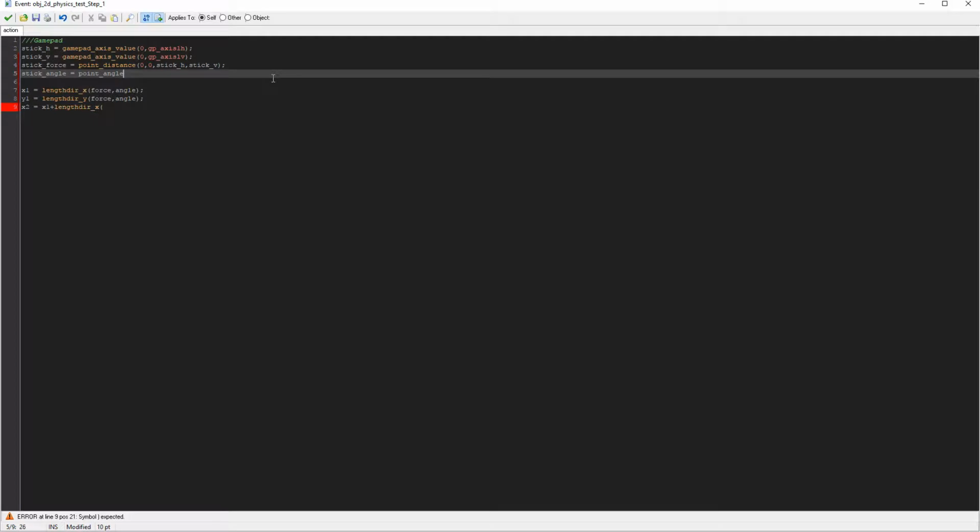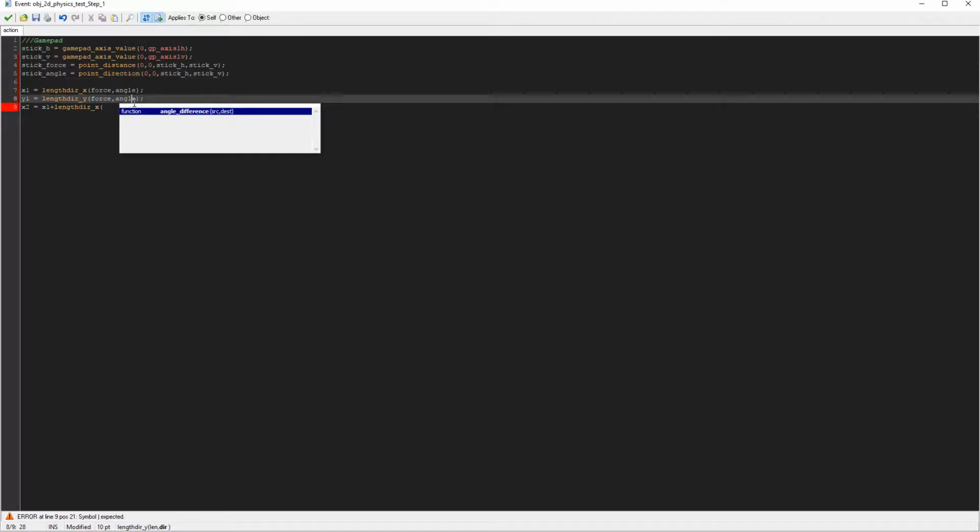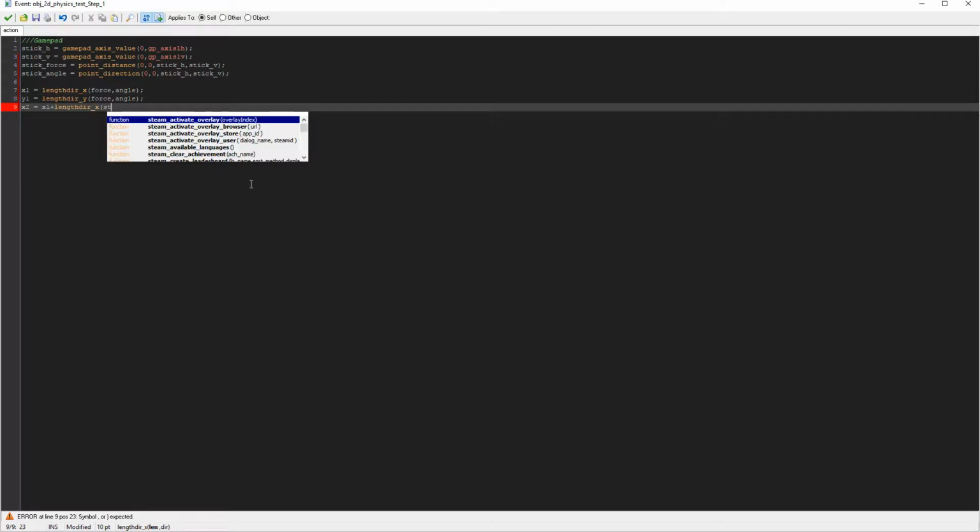Point direction equals 0, 0, stick H, stick V. So now we're doing stick force, stick angle.